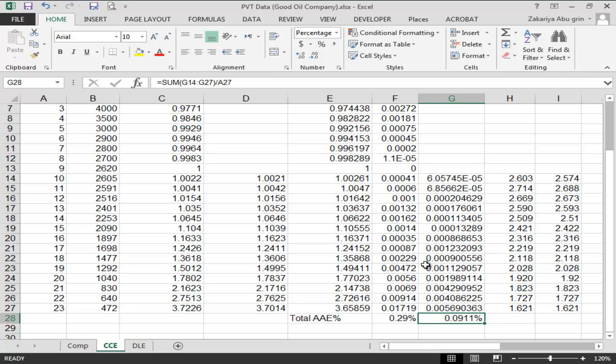We already calculated the absolute average error for relative volume, and we already showed the Y function, and now we will calculate the oil compressibility. Professor Gans said oil compressibility, how that is calculated, we will see it now.